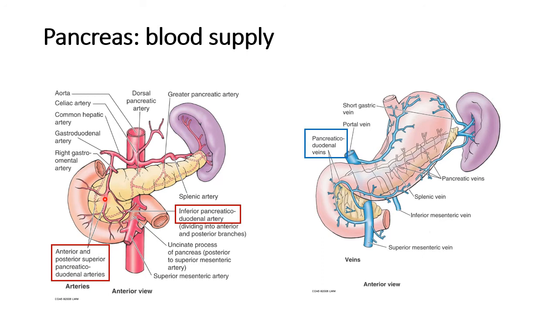For simplicity, you just need to know that there is a superior pancreatico-duodenal artery, which is coming from the celiac artery, and an inferior pancreatico-duodenal artery, which is coming from the superior mesenteric artery. There are also the pancreatic branches of the splenic artery. So the splenic artery also gives pancreatic branches.